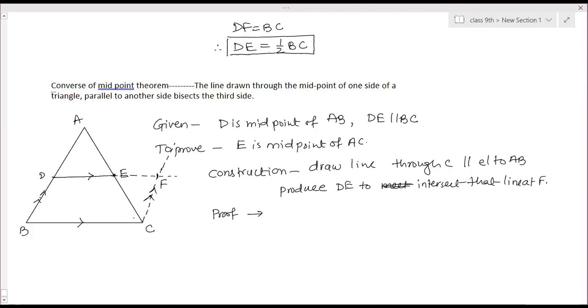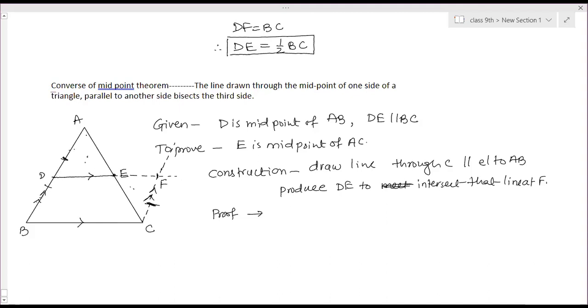Therefore DBCF is a parallelogram and opposite sides are equal, so DB is equal to CF. Now DB is equal to AD, as D is the midpoint. DB is equal to CF and DB is equal to AD, so AD is equal to CF.